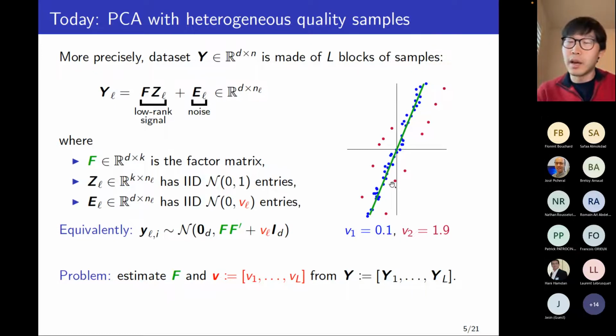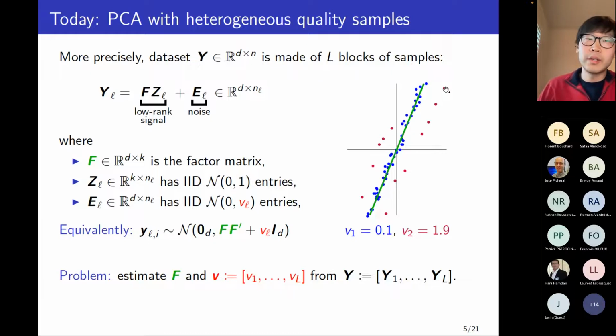And so the samples in the blue block here have a noise variance of 0.1. And the red dots here have a noise variance of 1.9. So basically you have two blocks of data, the blue and the red. The blue is less noisy than the red. Okay, but we're given this data all together.